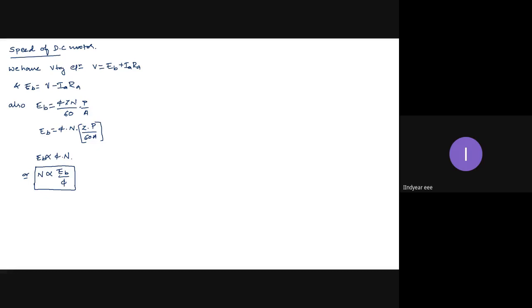Okay. This relation will explain why the speed increased in a DC motor when you varied the field rheostat of the DC motor in previous experiments. What we did in many of the alternator experiments: to take the alternator to rated speed, I started the DC motor using a 3-point starter. Then to bring the alternator to rated speed, I brought the motor to the rated speed, that is 1500 RPM.